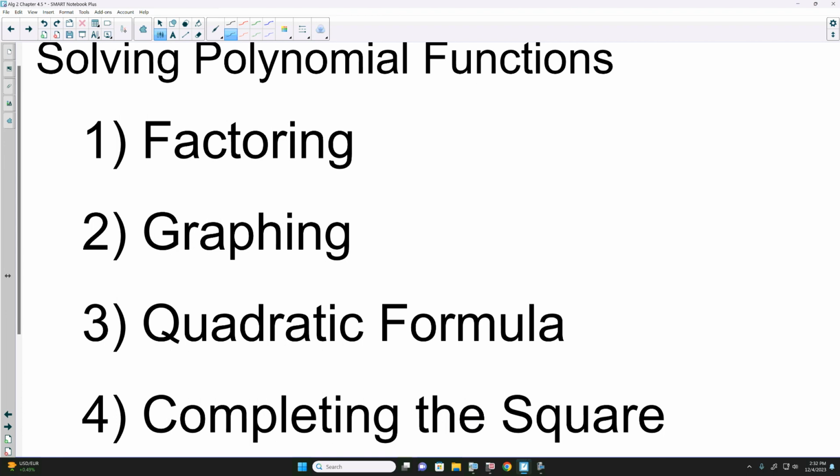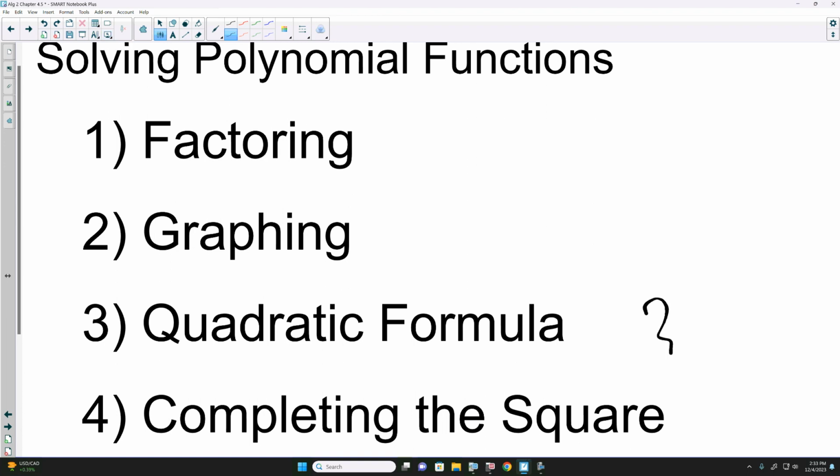And this does work for higher degree polynomial functions. We're going to do a few with factoring today. The next one is graphing. We can graph the polynomial function, and whatever values of x make the y value equal 0 solve this, because we look for whatever values of x make y be 0.